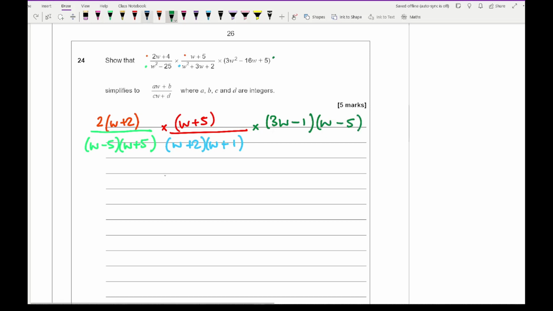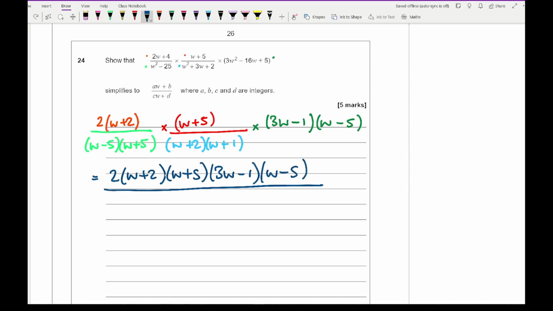Now, what I then want to do is join all of these things together. On the top, I'm going to have (2w + 2)(w + 5)(3w − 1)(w − 5), and at the bottom I'm going to end up with (w − 5)(w + 5)(w + 2)(w + 1). What I'm then going to do is cancel everything that's on both top and bottom.